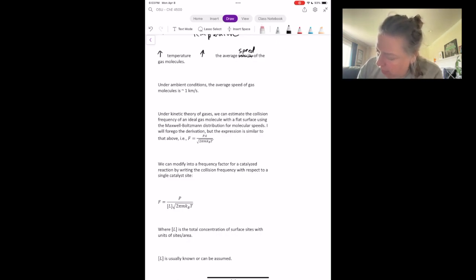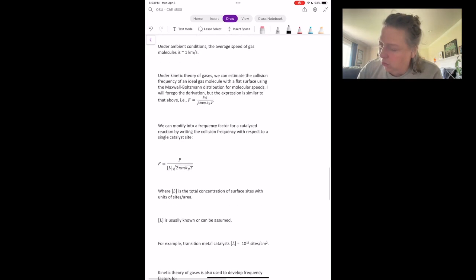For some reason, the site density is sometimes denoted with L in brackets. I don't know why. This L in brackets is the total concentration of surface sites, and it has units of sites per area. So you see how putting this here is going to basically replace this area term in the numerator, and it basically gives us the flux onto a catalyst site.